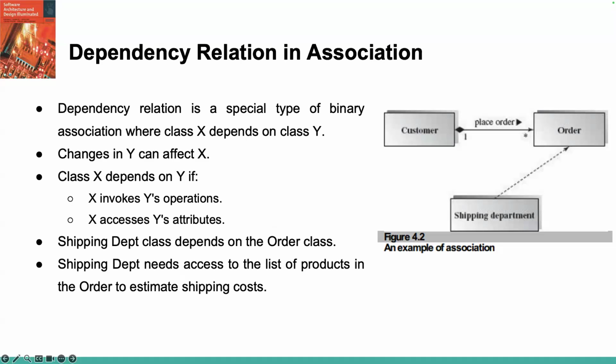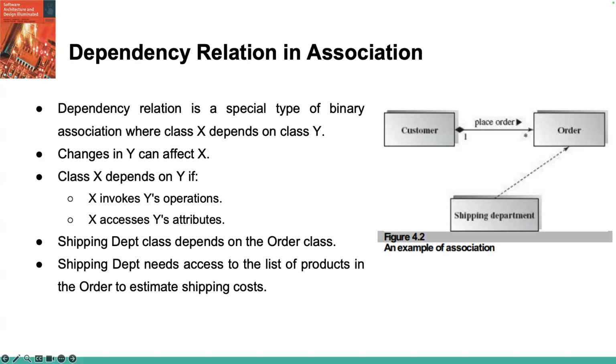Dependency is a special type of binary association in object-oriented design where one class depends on another. This relationship means that changes made to one class can affect the other. For example, class X depends on class Y if class X invokes class Y's operation or accesses class Y's attributes. In a real-world scenario, consider the shipping department class that depends on the order class.